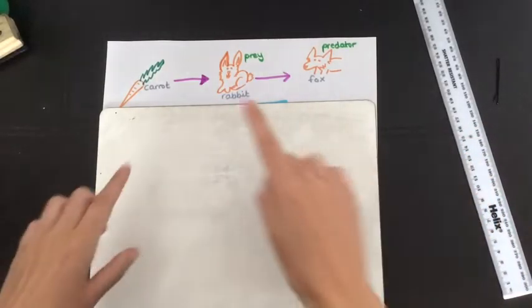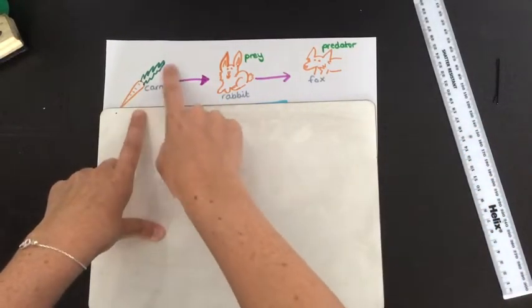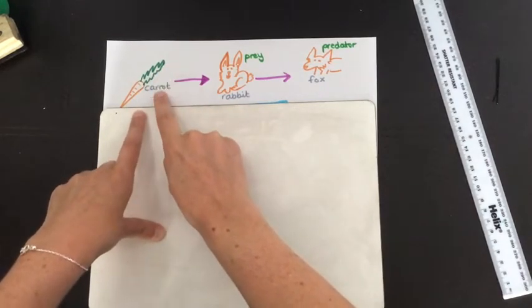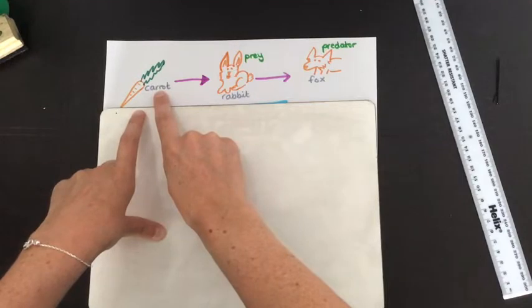So we're going to look now at a simple food chain so you can see how we draw one and how we put all these living creatures together into one. So here's my simple food chain. I start at the bottom here with a plant. Well, a carrot comes from a plant. So it's our producer.